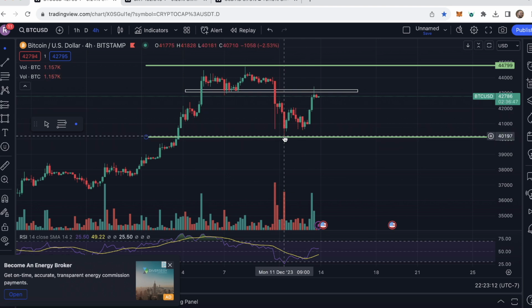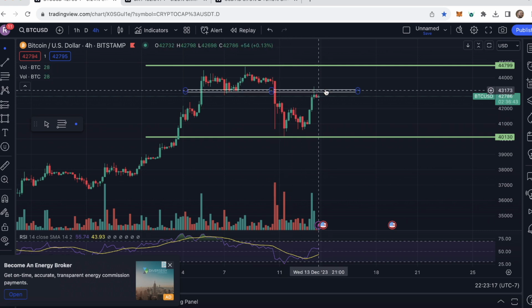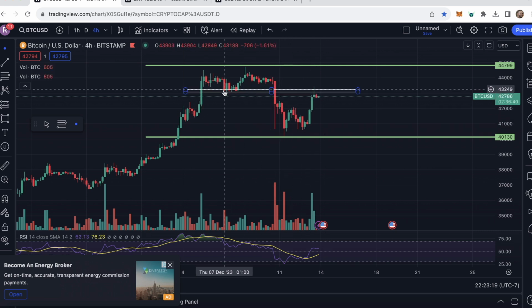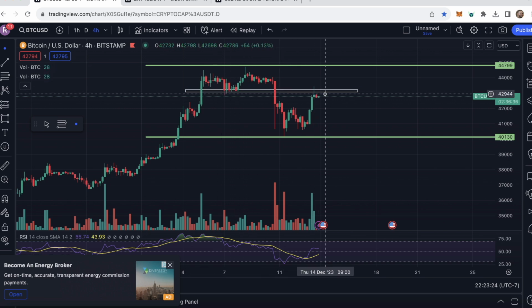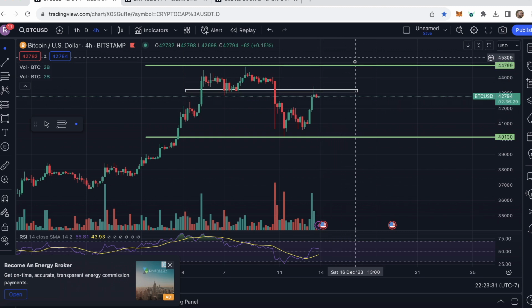Although it went a lot lower, it still went back up and got support around this area, and it started going back up again. But as you guys can see, this area has been acting as a resistance line, and there is a chance that it's probably going to fail, go back down, and try one more time to go back up.